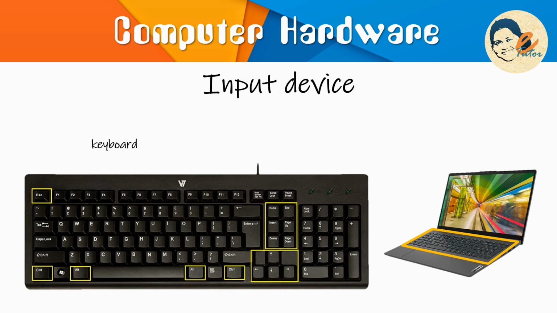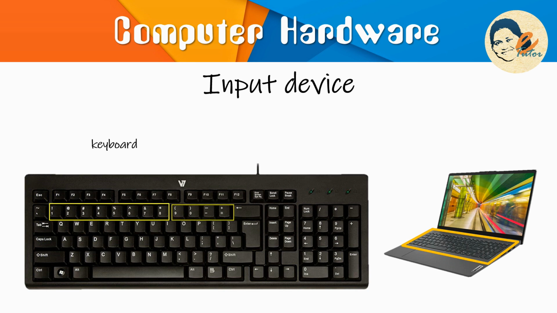Control or navigation keys: every keyboard has some special screen control or navigation keys such as arrow keys, home key, end key, control or CTRL key, alt key, escape, page up, page down, delete, insert, etc.